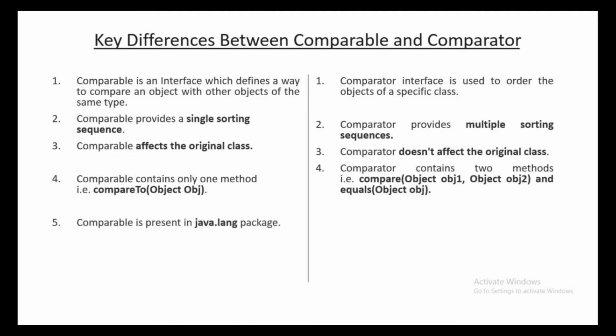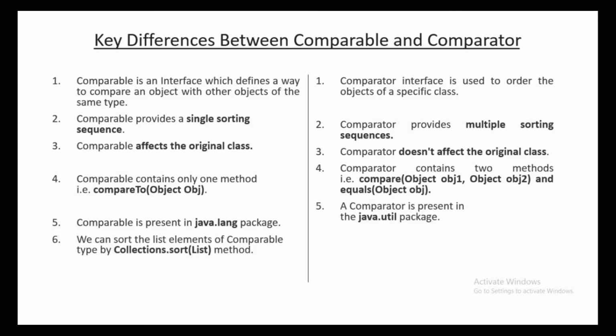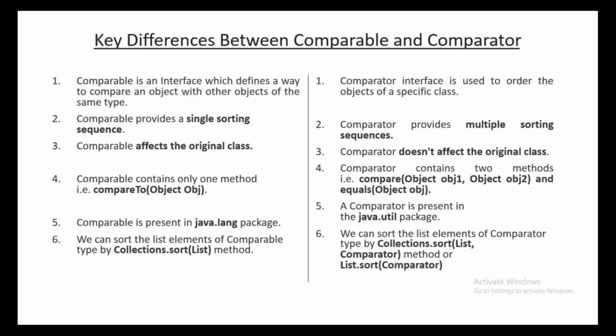But Comparator contains two methods, that is compare and equals. Comparable is present in the java.lang package. Comparator is present in the java.util package. We can sort the elements of Comparable type by the Collections.sort method. We can sort the elements of Comparator type by the Collections.sort method or the List.sort method.